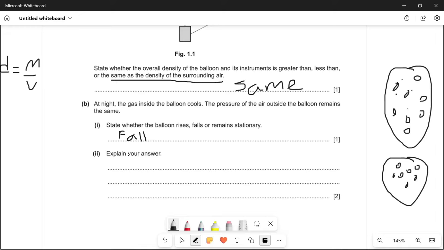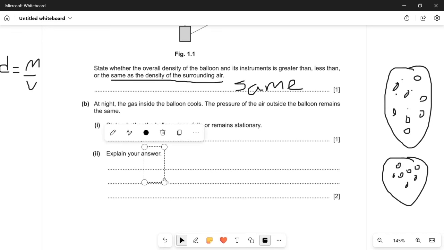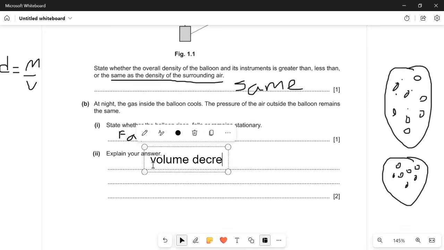The next question asks to explain your answer. In the explanation, we can write that the volume decreases, as I've shown over here, and the second point could be that the density increases.